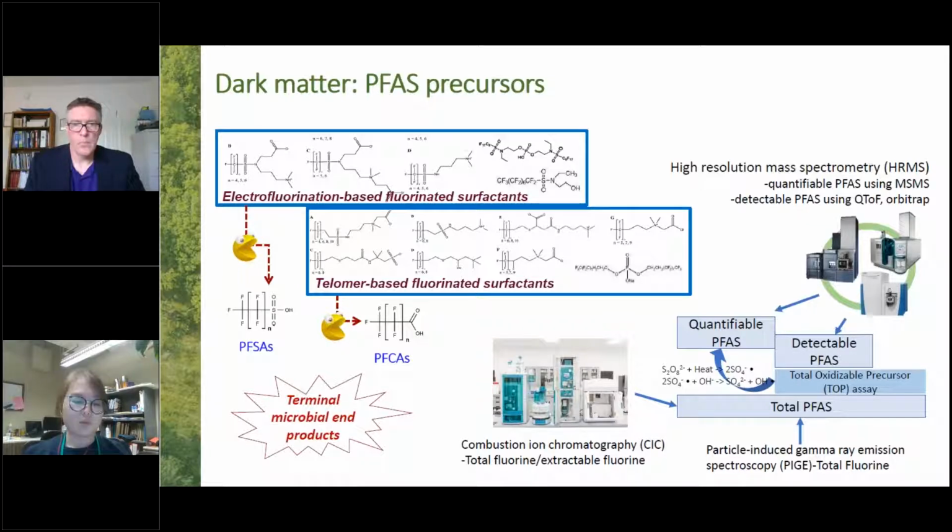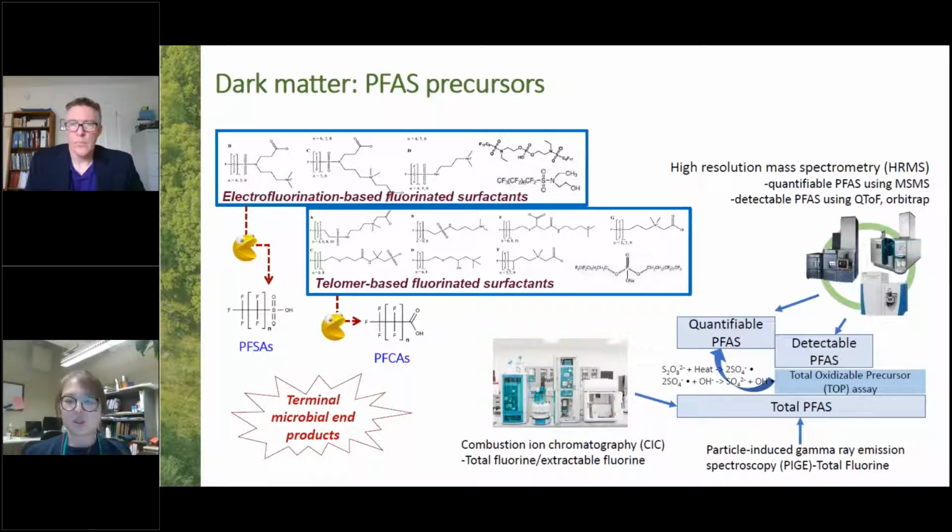And here in the paper, I use two different methods. One is using HRMS, high resolution mass spectrometry, to qualify the chemicals that can be transformed to PFSA or PFCA type chemicals. And the other one was using TOP assay, total oxidizable precursor assay. By using this one, we can transform undetectable PFAS precursors to quantifiable PFAS, such as PFSA and PFCA.